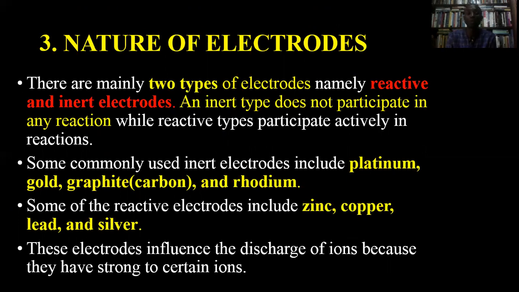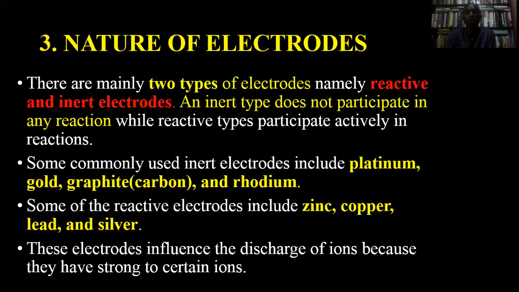We have two types of electrode: reactive electrode and inert electrode. Inert electrodes do not participate in any of the reaction, while reactive electrodes participate actively in the reaction. Because of that, the type of electrode used in a particular electrolytic cell affects the particular ion that will be discharged.